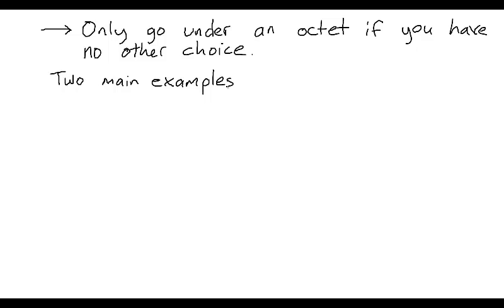And there's two main examples where you'll see that happen. Carbon that has 3 bonds, no lone pair, and a positive formal charge. Or boron that has 3 bonds and no lone pairs. But boron in that situation is neutral.